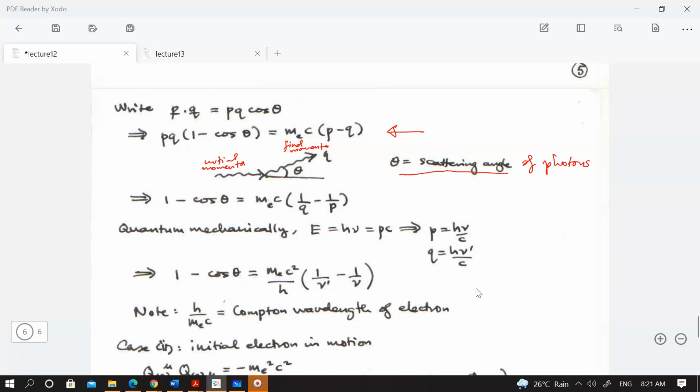But we need some other input over here, because if you remember, the Compton scattering formula is expressed in terms of either the frequency or the wavelength of the photon.